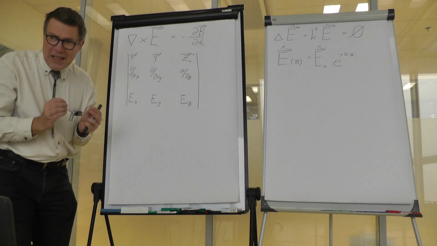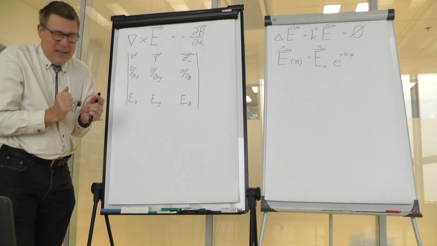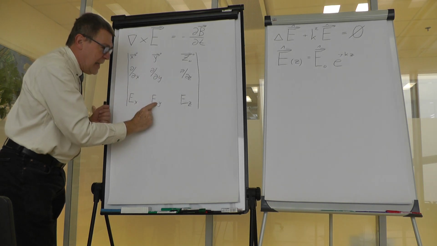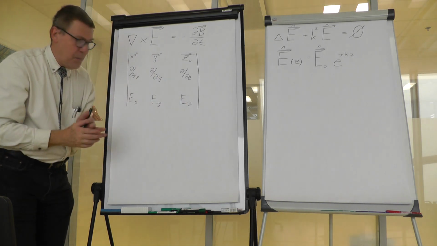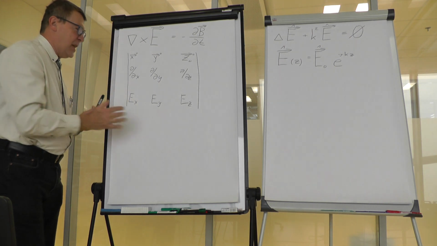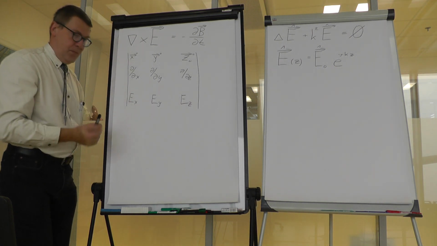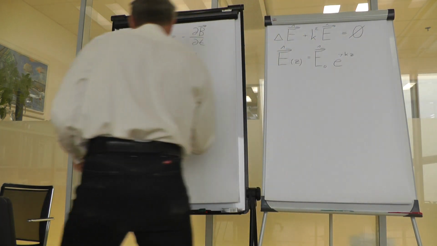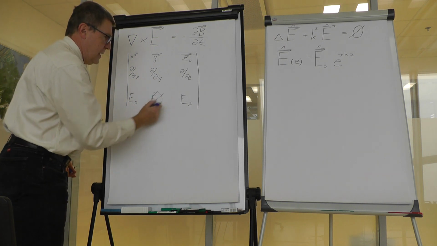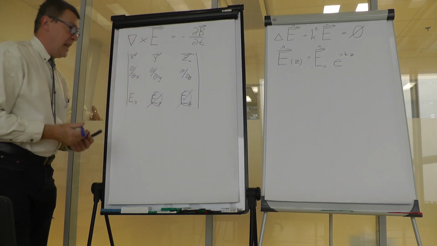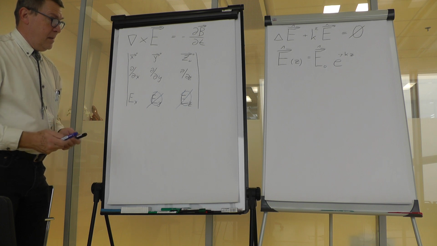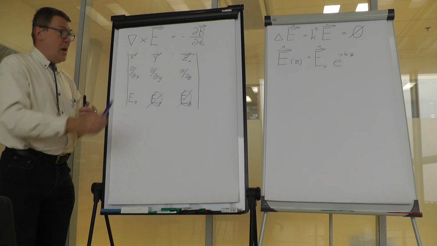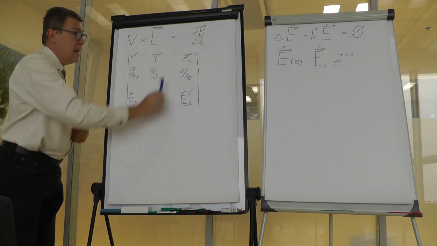If it points to the x direction, then it has no y nor z component. So if it points to the x direction, we can neglect those two. So then this is 0 and this is 0. For this simplified case, we can do that. And now we can carry out the calculus of this determinant.